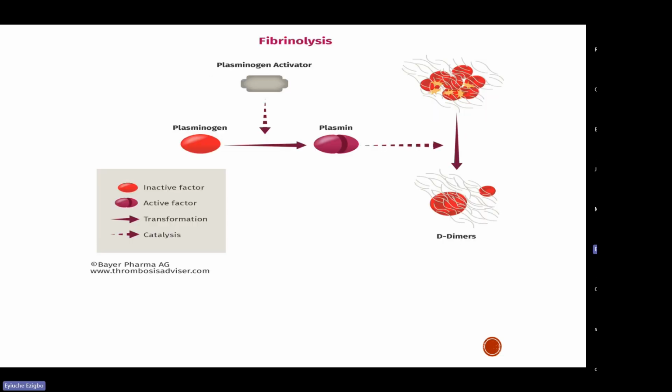When you look at this diagram, you can see the plasminogen activator, this is plasminogen, and it activates plasminogen to form plasmin. It is this plasmin that goes, you can see the thrombus that is being formed, it is this plasmin that degrades this fibrin into monomers, generating the product we call D-dimers.